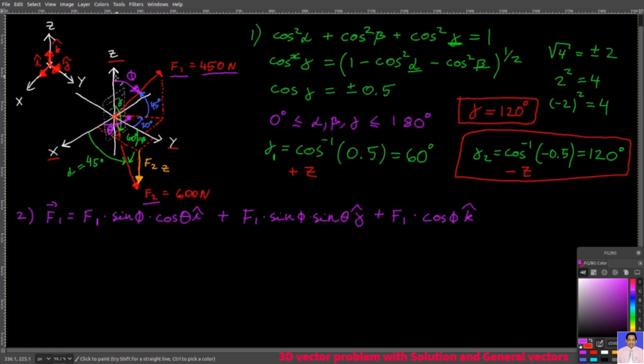In this image, you can see that phi plus 45 degrees will give you 90 degrees. So phi equals 90 degrees minus 45 degrees, that means phi equals 45 degrees. Here it's the same, but if instead of 45 degrees you had 30 degrees, then your phi would be 60 degrees. So be careful with that.